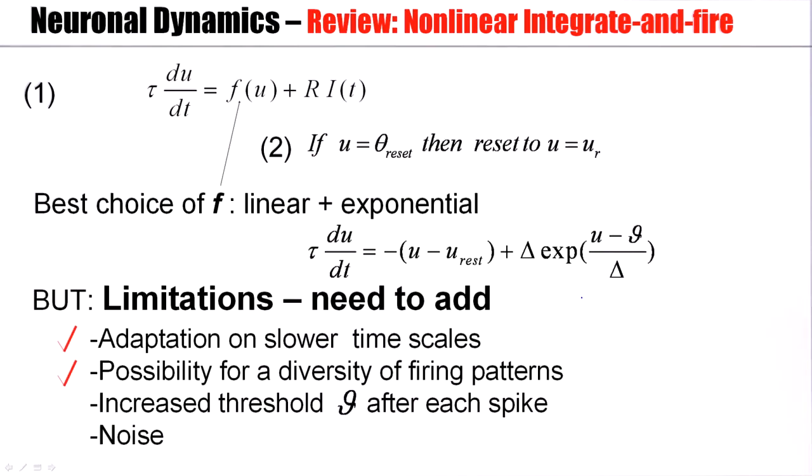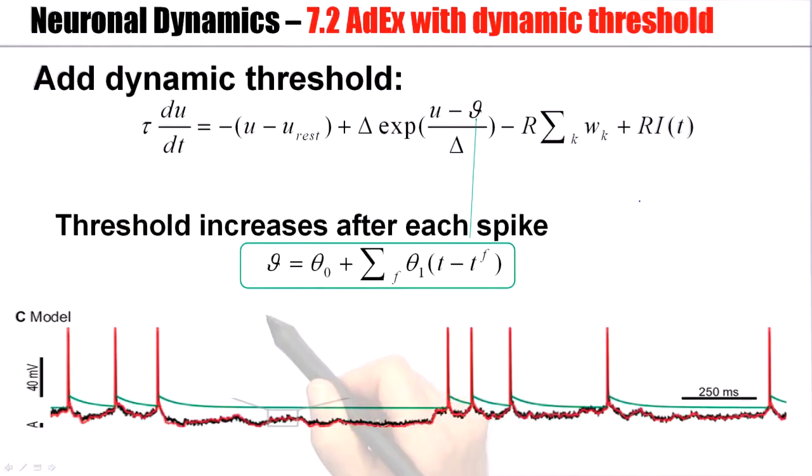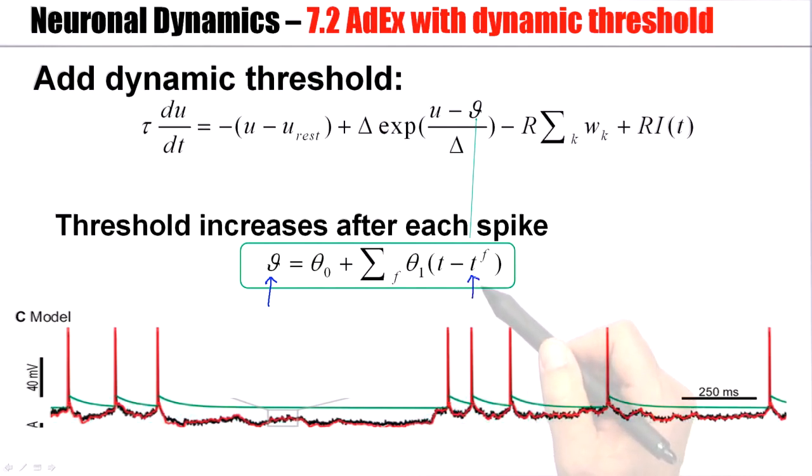However, so far this parameter theta was still fixed. But we can make this parameter dynamic. This is my theta, and it has a standard value, theta 0. And then after each spike, it's increased by some amount. And you see the shape of theta 1 in this little curve here. It goes up and it goes down again.